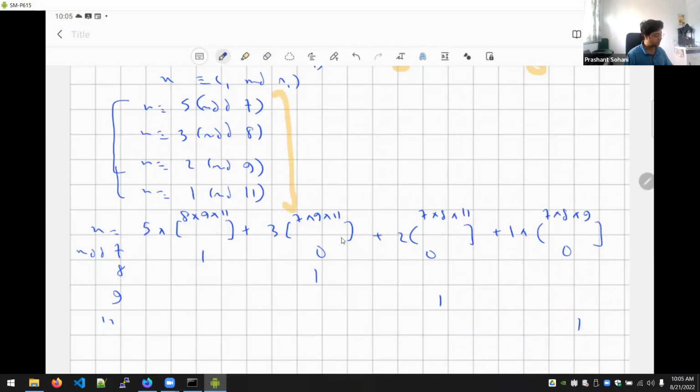This is 8 into 9 into 11, but that will just ensure that this term is 0 in these 3 columns.